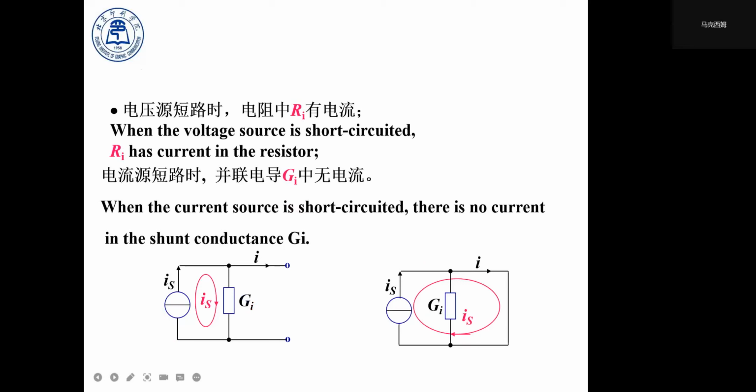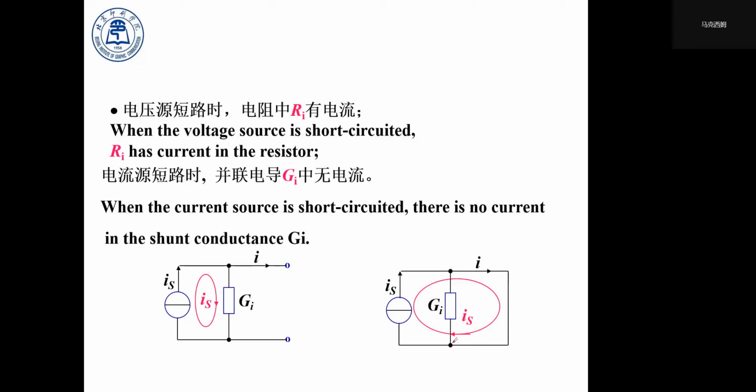And also, when the voltage source is short circuited, there's current running through resistor RI, and when the current source is short circuited, there's no current in the parallel conductor GI. So it looks like you just short circuited GI by bypassing it with a wire.